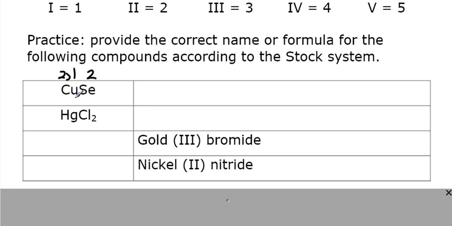So I see no numbers down here, so that means copper should have a charge of 2, and selenium has a charge of 2. So when I go and write my name now, I know I have copper. The metal name doesn't change. In the brackets, I put my Roman numeral 2, and then selenium changes to selenide.